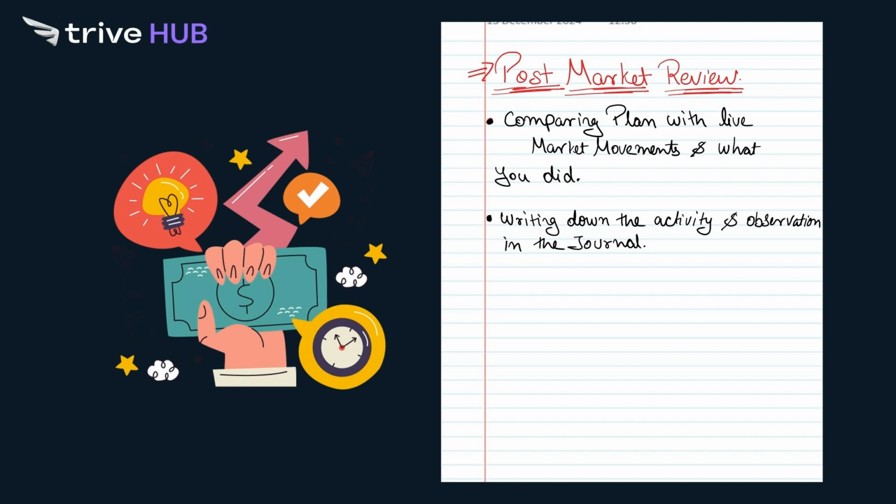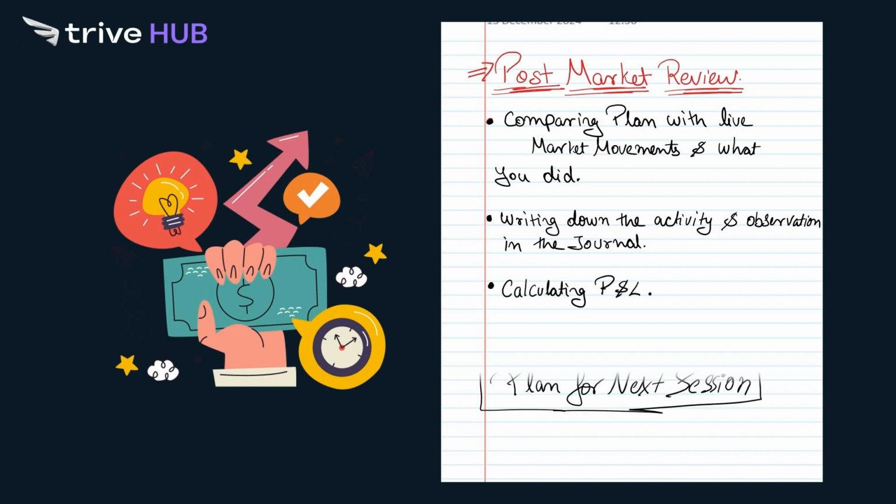Alright, and write down your observations, calculate the PNL, and learn from any mistakes that you have made, and simply repeat the process of daily planning and plan for the next trading session so that you can achieve a sustainable, consistent result.